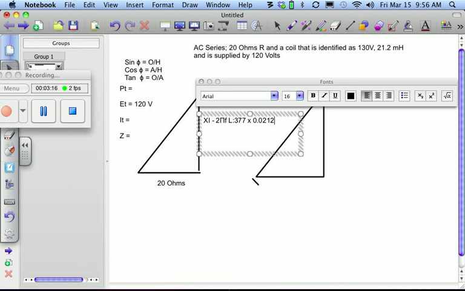So 0.0212 times 377 is what? 377 times 0.0212 is equal to 7.999.